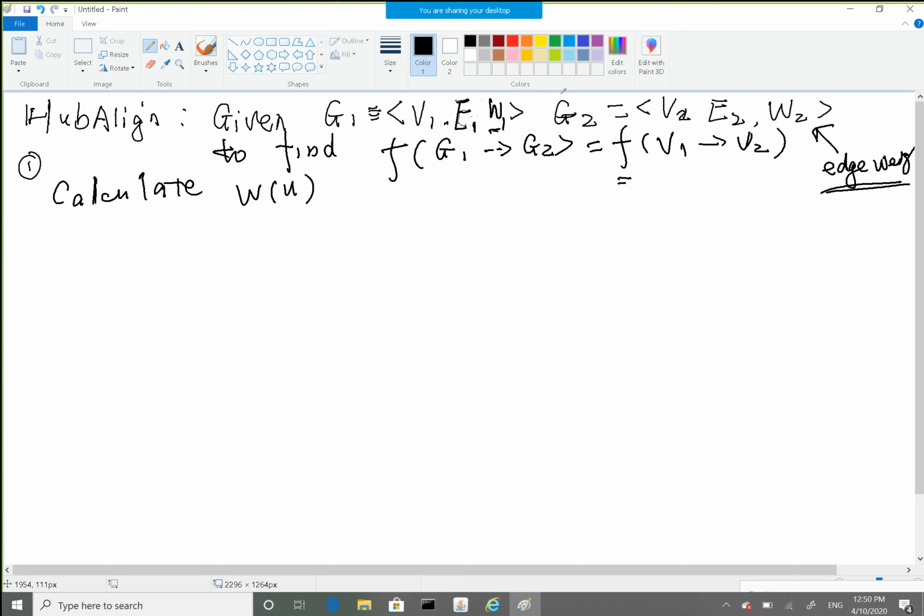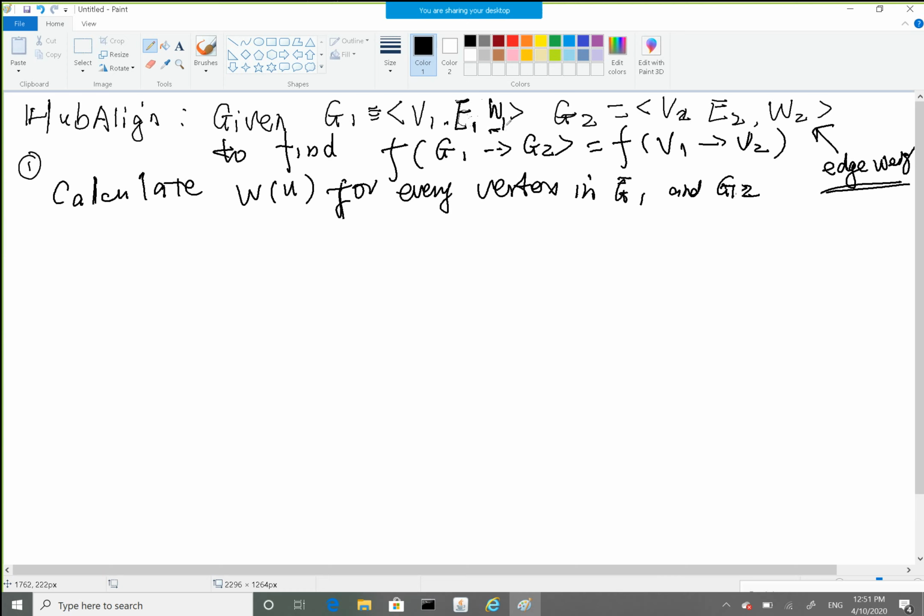So they want to calculate the weight on the vertex. They want to weight each vertex to see how important. This corresponds to calculating W for every vertex in G1 and G2.